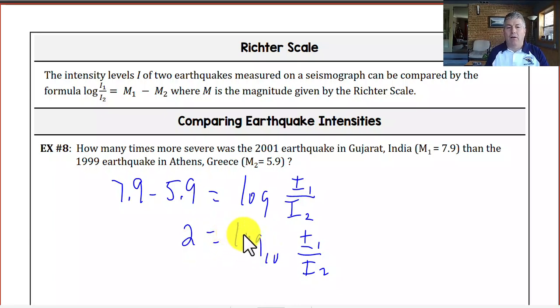Using what we know about exponential functions, what we're saying here is the exponent on 10 would be 2. If we converted this to exponential form, we would get 10 to the second equals I sub 1 over I sub 2. So we can say then that 10 to the second is 100, and that the India earthquake was 100 times greater than the Athens, Greece earthquake.